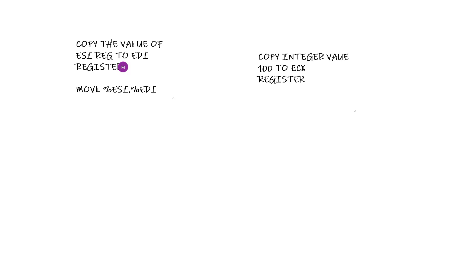So hash 100, comma. What's the destination? Where are we going to copy this? ECX. So percentage ECX. Done? Okay. Very good. Next.